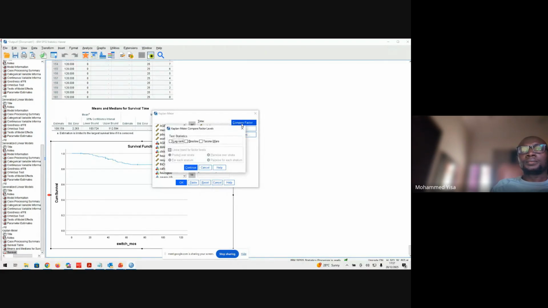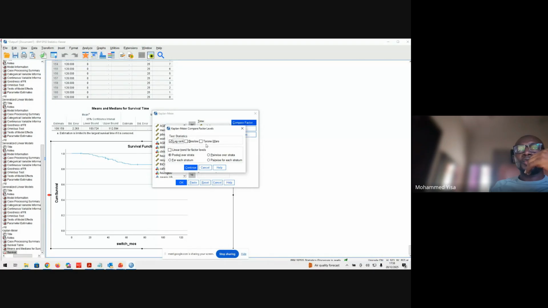So yes, when you are comparing the factors, you would want to see whether the difference between the two groups is actually statistically significant, and you can use this log rank test, which basically assumes that the probability remains the same across the whole time period.